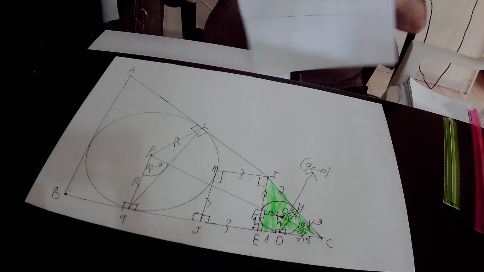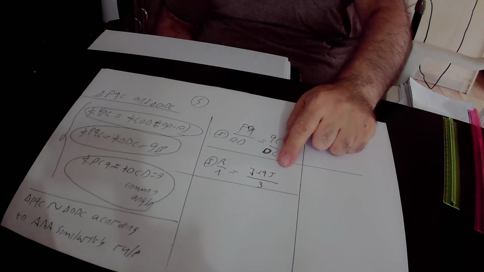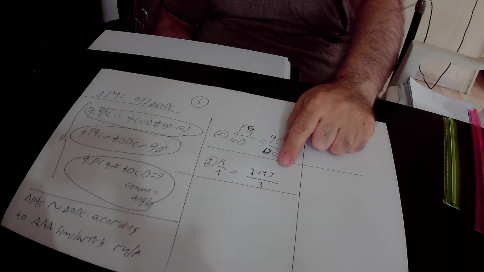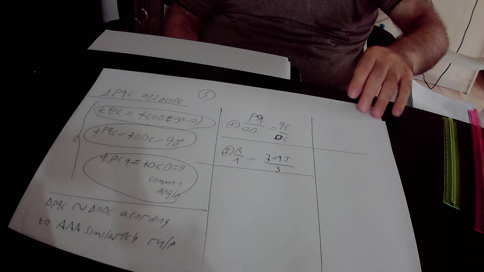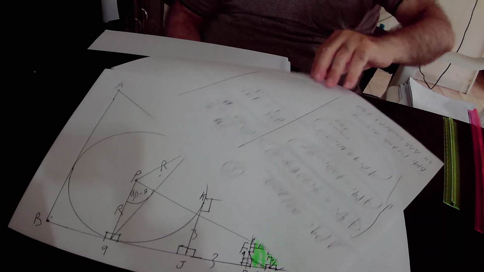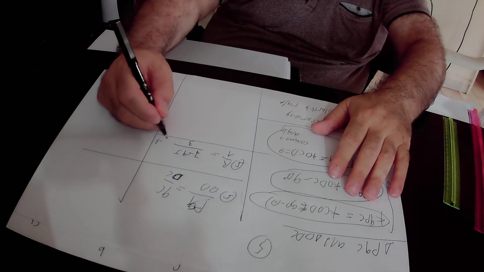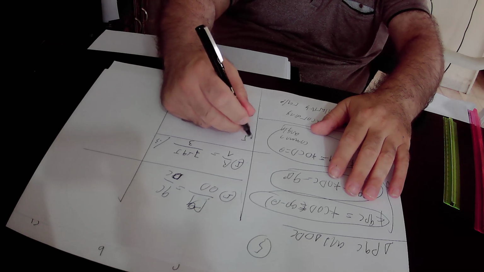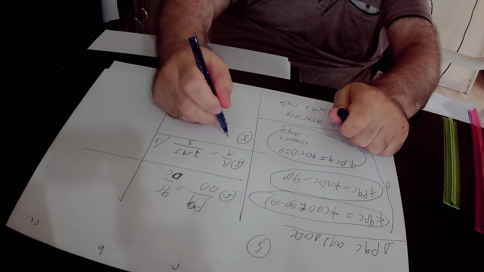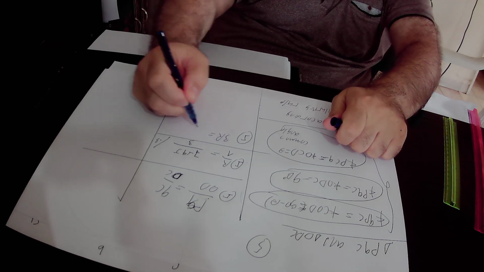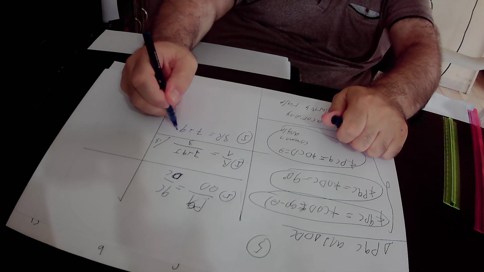So in conclusion, according to equation number 1, R equals 7 plus QJ over 3. Here we multiply equation number 1 by 3, and we get 3R equals 7 plus QJ.